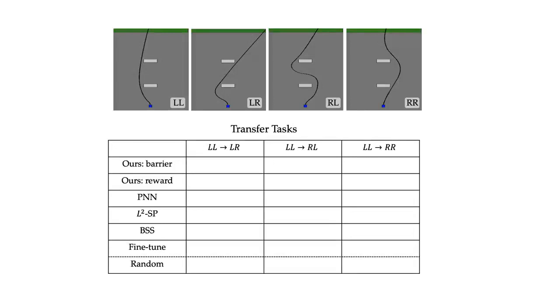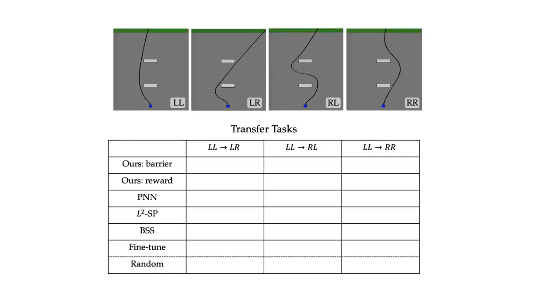We next evaluate how the number of obstacles or homotopy classes affect our algorithm and the other methods. Adding a second barrier creates 4 homotopy classes as shown by the figures, where the car can go left twice, left then right, right then left, or right twice. The task is to see how well the car can learn the latter 3 tasks when initialized with going left twice.